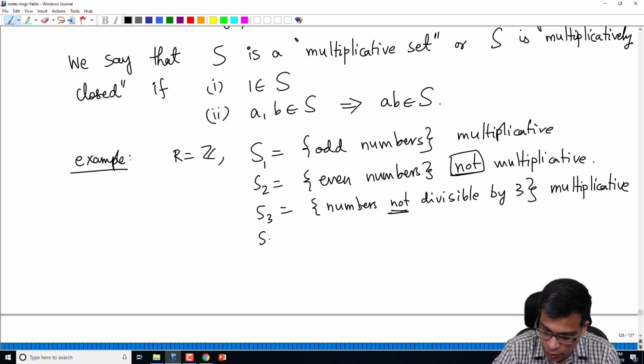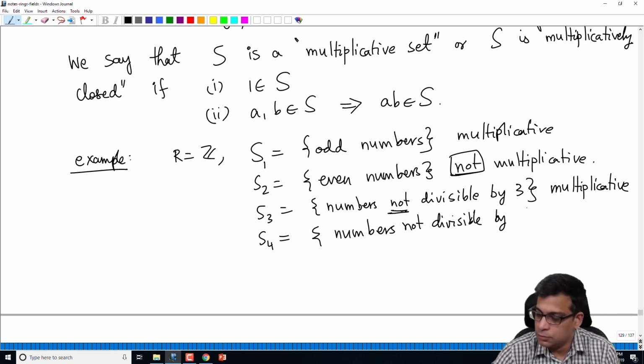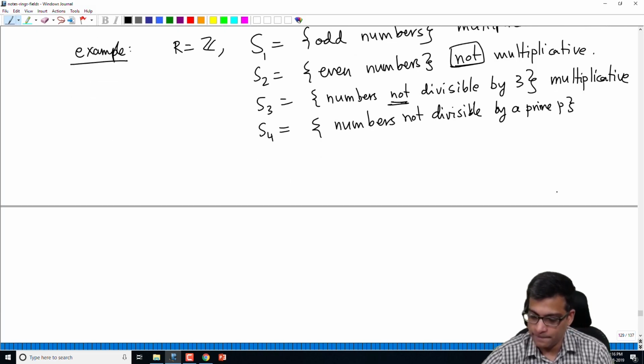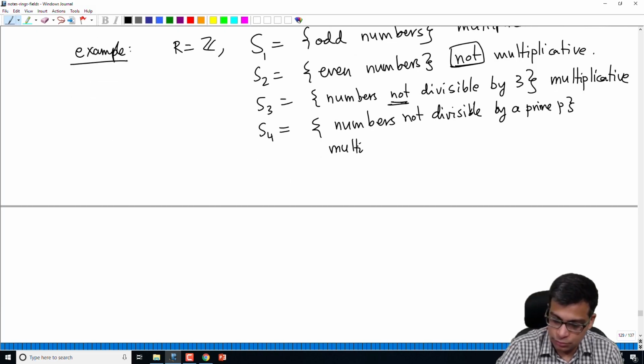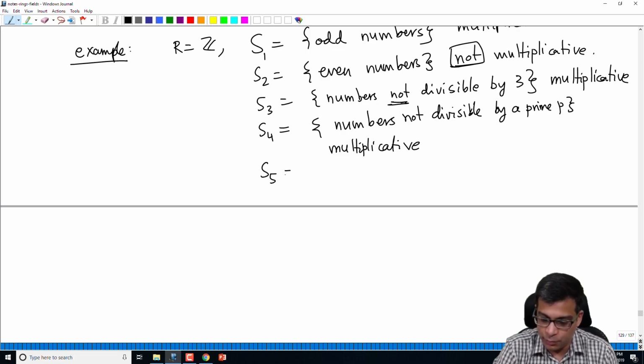In general, we can define S4 to be numbers not divisible by a prime p. This is multiplicative, because of exactly the same idea as before. 3 is a prime number, you can replace it by any prime number.